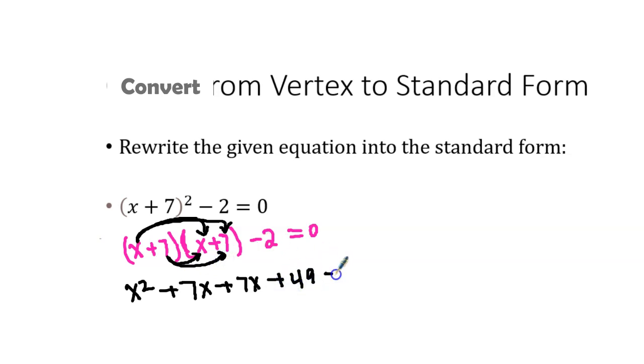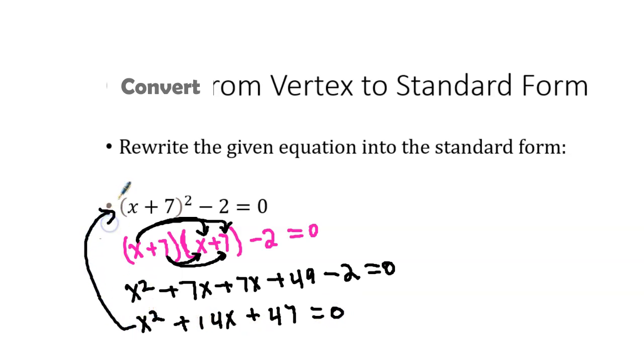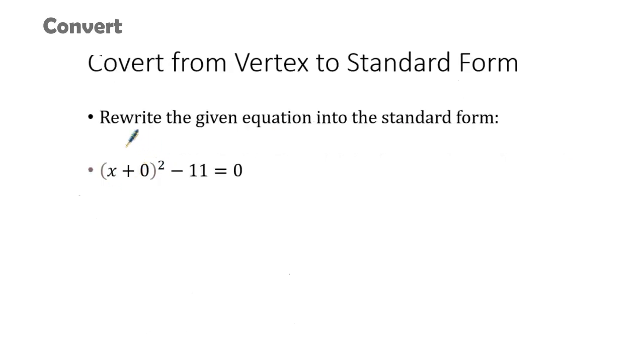You bring this, minus 2 equal to 0. You combine like terms. This doesn't have a friend. 14x plus 47 equals to 0. So you see that this and that, they are equivalent. This is in the vertex form and this is in the standard form, and that's all that we want you guys to learn.